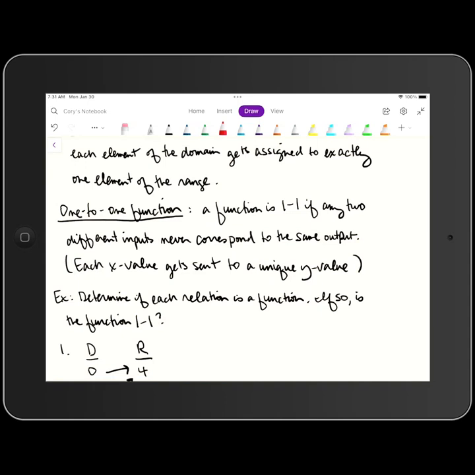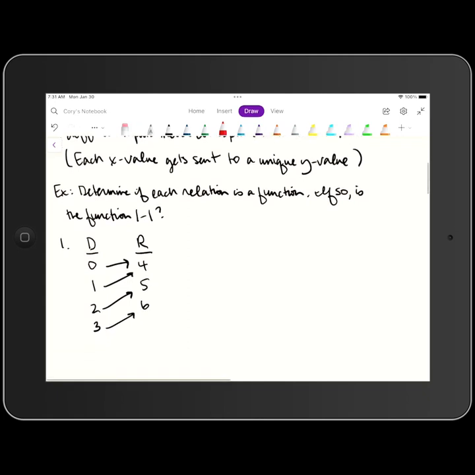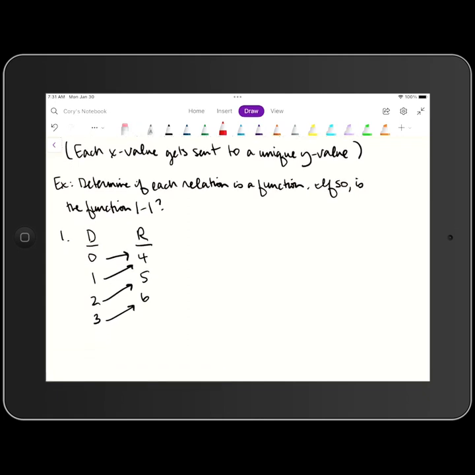All right, so what we're going to do first is take a look at an example, just making sure that we can make the distinction between, is a relation a function? And if so, is the function one-to-one? To start out, we have our set of domain values.